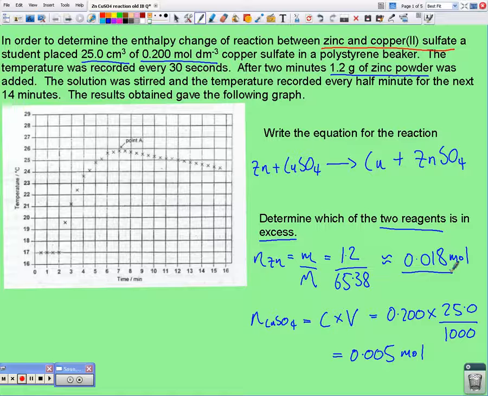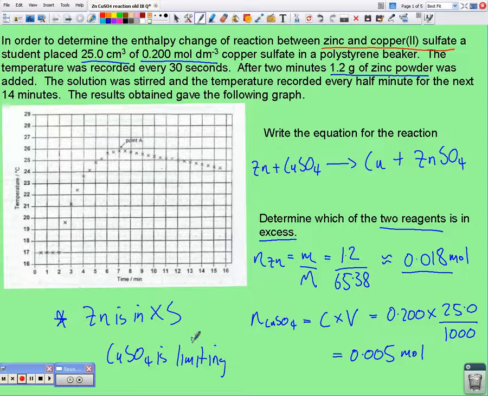So we can tell then that the zinc is in excess. The copper sulfate is limiting. So it's the limiting reagent we'll be using later on to help us figure out how many joules per mole are produced.